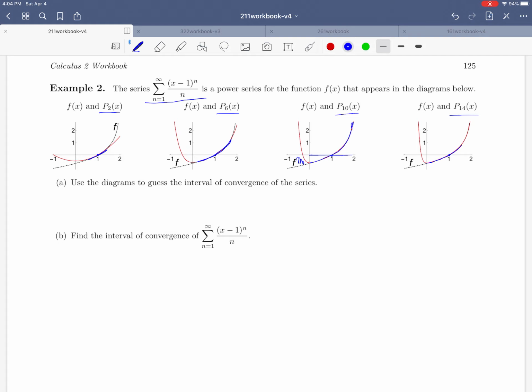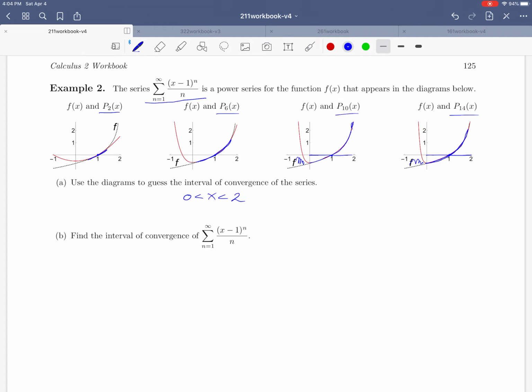So we have pretty good agreement where I'm drawing right here, from 0 to 2. But then outside we have this gap. So maybe a good guess for our interval of convergence is that we get convergence for values of x between 0 and 2.